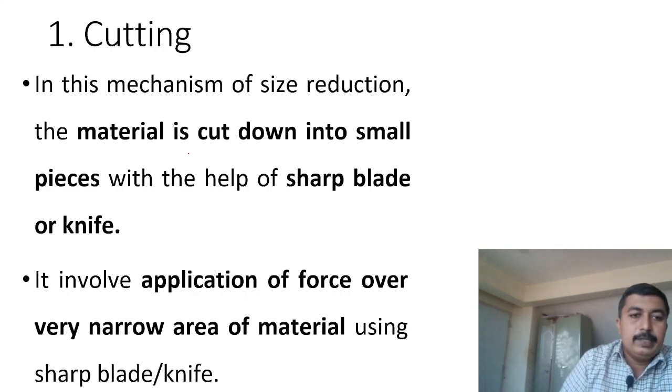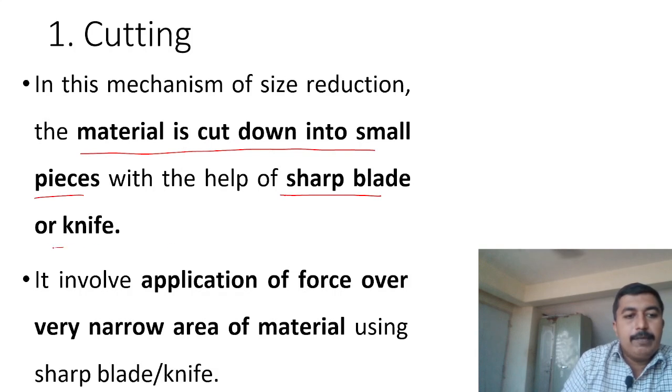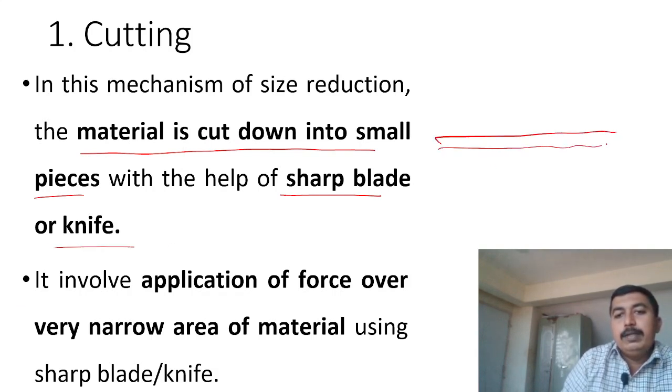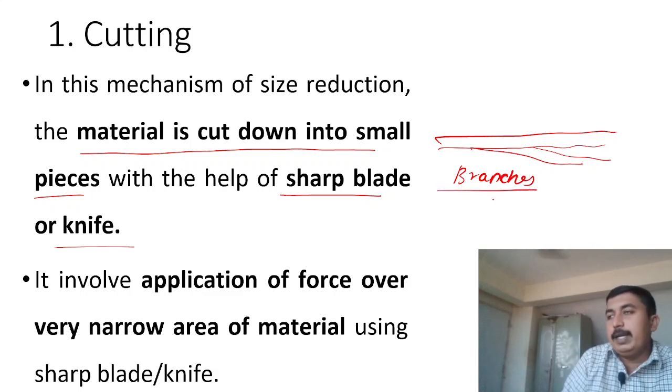First is cutting. As the name suggests, cutting means here material is cut into small pieces with the help of a sharp blade or knife. So this mechanism is specially utilized for the different parts of the medicinal plant. Suppose I have collected branches of the medicinal plant. I will not directly subject it to make it fine.